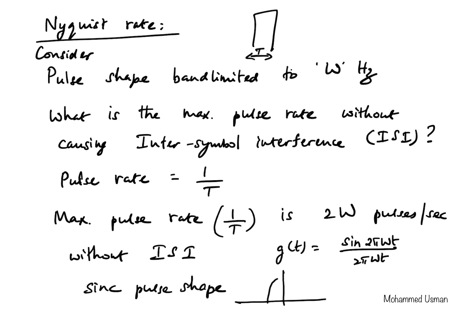Basically it looks something like this. The sinc function has a main lobe and decaying side lobes. These side lobes keep becoming smaller and smaller, but they don't become zero until they reach infinity.